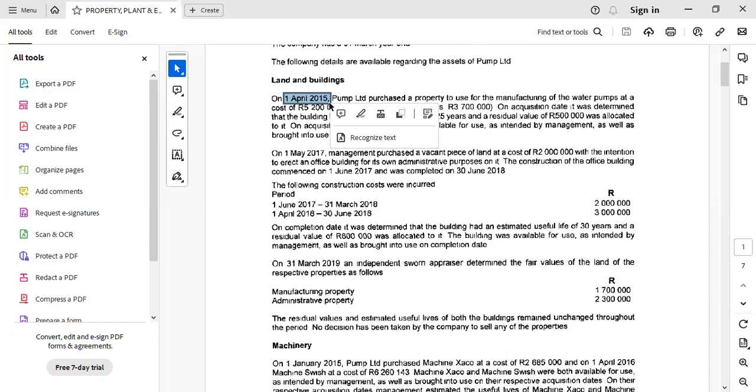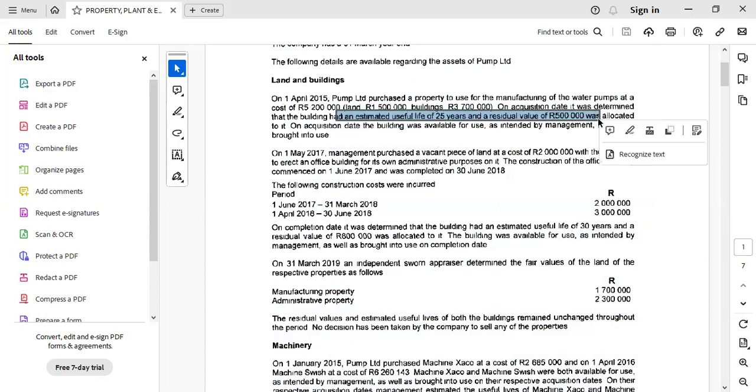So from 1 April 2015, when we acquired, to 1 April 2018, the first day of the current year, there were 3 years. We know that the useful life is 25 years and the residual value is 500,000.